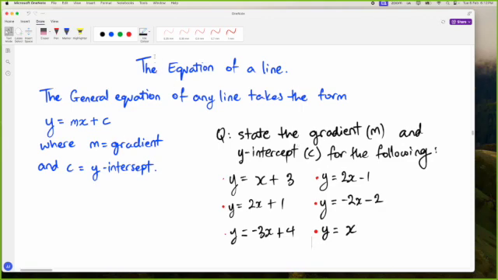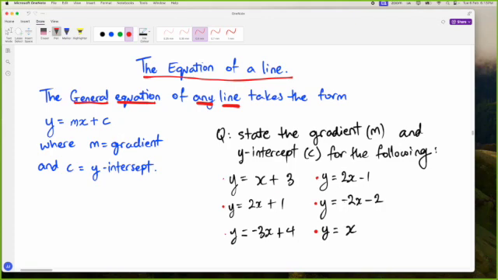So we're starting off with the general equation of a line. We're talking about the general equation of any line. All of these lines that we had looked at in the last class and drew, we plotted the 2 points for each one and drew each one.